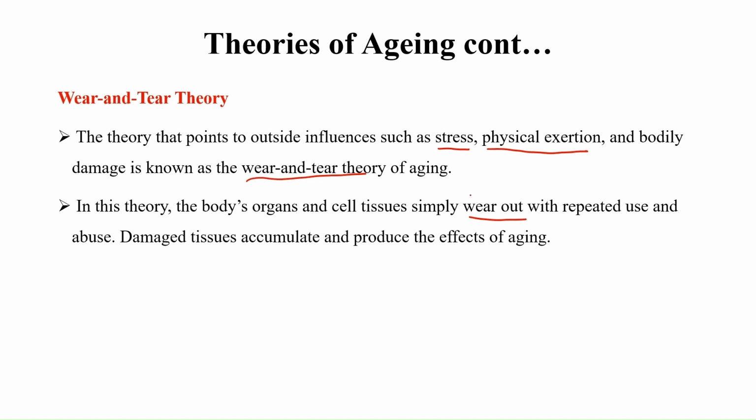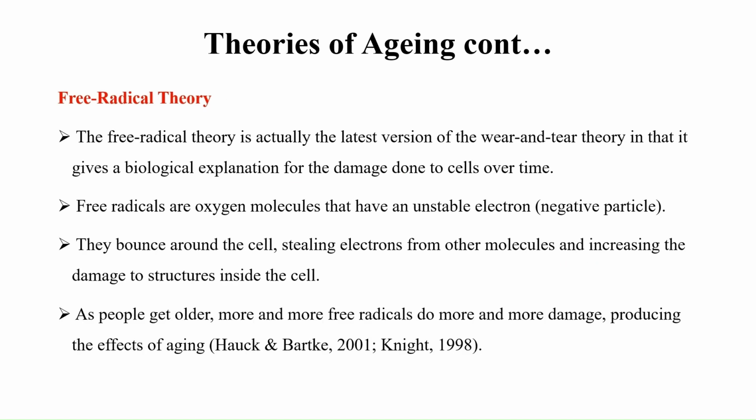Let's take an equipment. If we use it for 3 to 4 years, it wears out and stops working. In the same way, our body cells and tissues wear out after repeated use and abuse. Damaged tissues accumulate and produce the effect of aging. That's what wear and tear theory talks about.